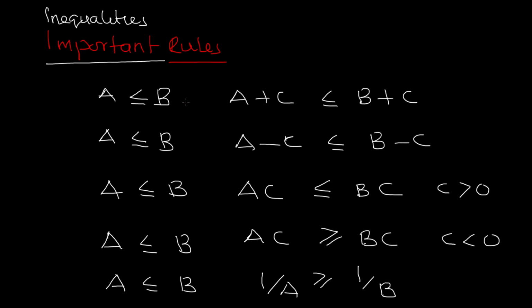The important rules when you are dealing with inequalities is to remember that there are things that apply. So what applies when you have an inequality like this: if you add equal values on both sides of the inequality, this sign remains the same. Now if we go back to this same inequality and remove the same number from both sides, this sign remains the same.